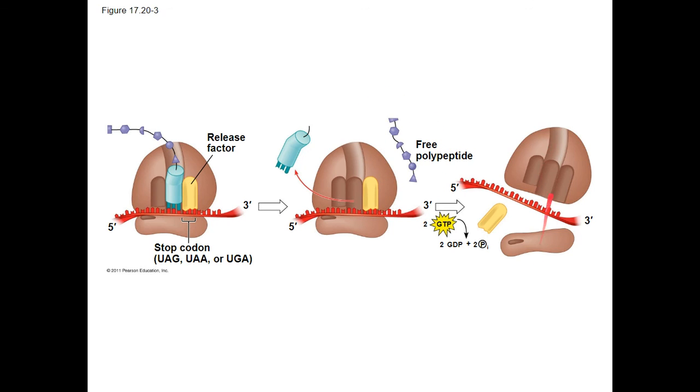The ribosomal large and small subunits will break apart from one another to let go of this RNA. This RNA can actually now be reused. So if we need more of this polypeptide, this RNA can re-enter back at the start site of our ribosome and be read through once more.